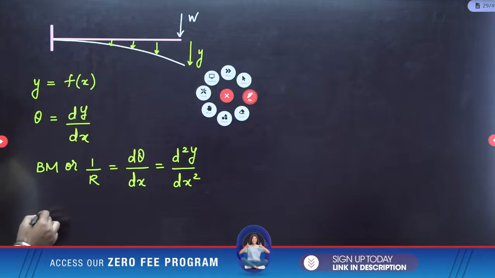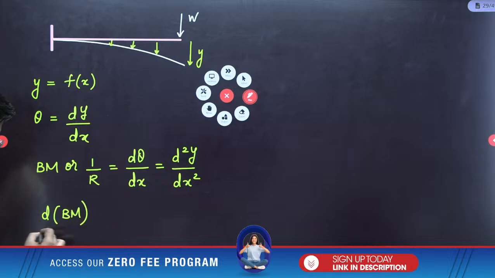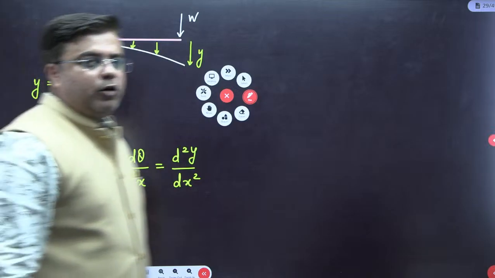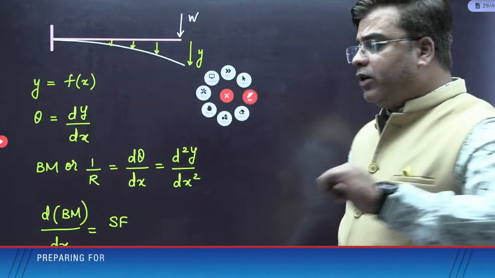Now comes the very important part. The slope of the bending moment diagram, dBM by dx, is equal to the shear force.